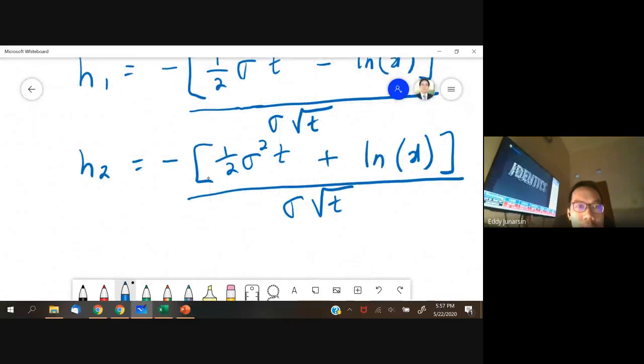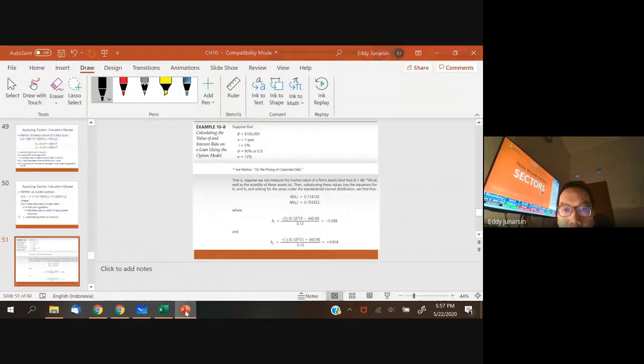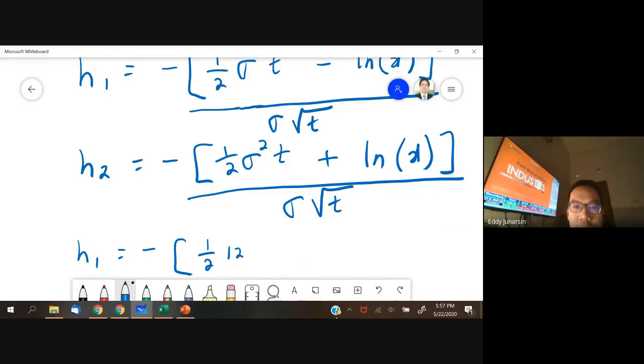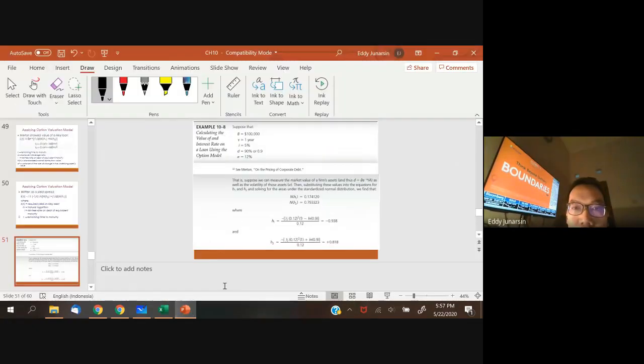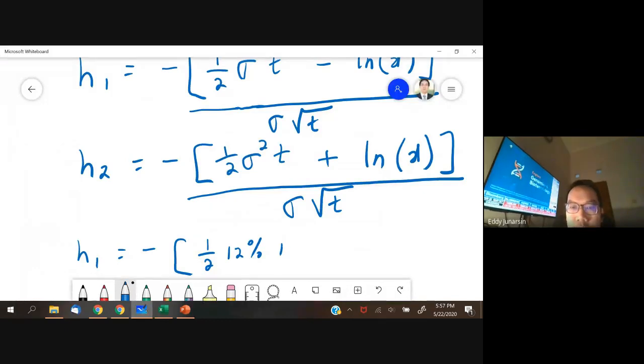So tell me what is our data again. So minus half of, what is the standard deviation? 12. What is the time again? Time? Yeah, 1 year, right? Plus natural logarithm of the debt ratio, 90%, right?